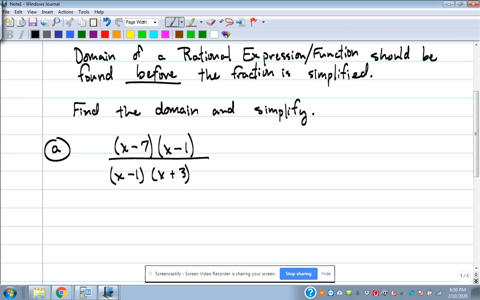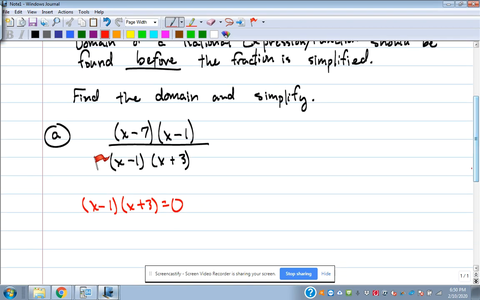And if an x was in the denominator, that was the red flag that said, okay, you've got to do something. What you've got to do is take the denominator and set it equal to 0. So x minus 1 times x plus 3 equal to 0. And then solve that. And if it's in factored form, solving is easy. You just take each individual factor and set those equal to 0. Get x equals 1, x equals negative 3.